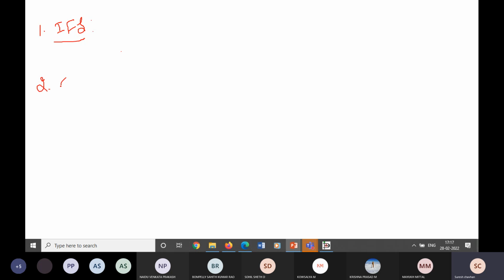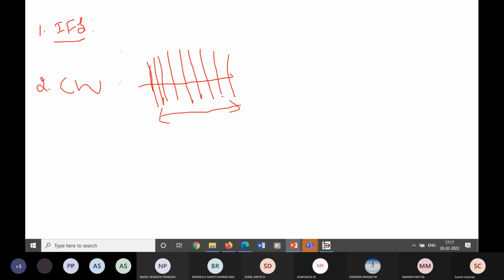The second one is the contention window. The contention window is an amount of time divided into slots. Suppose this is the amount of time; this is the contention window, and in this time period we divide it into slots.